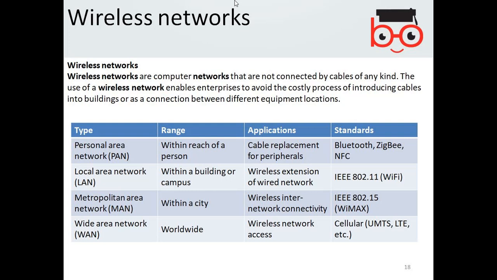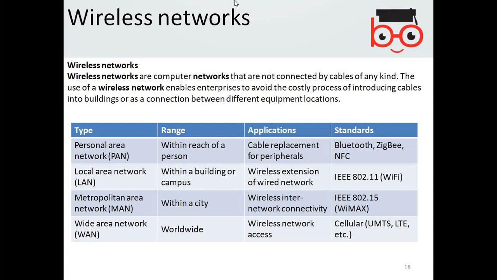Then the metropolitan area network: within a city you want to create a wireless network. The application uses wireless inter-network connectivity, and it works on the protocol of IEEE 802.15. So when you want a wireless network within a city, the standard you need is 802.15.